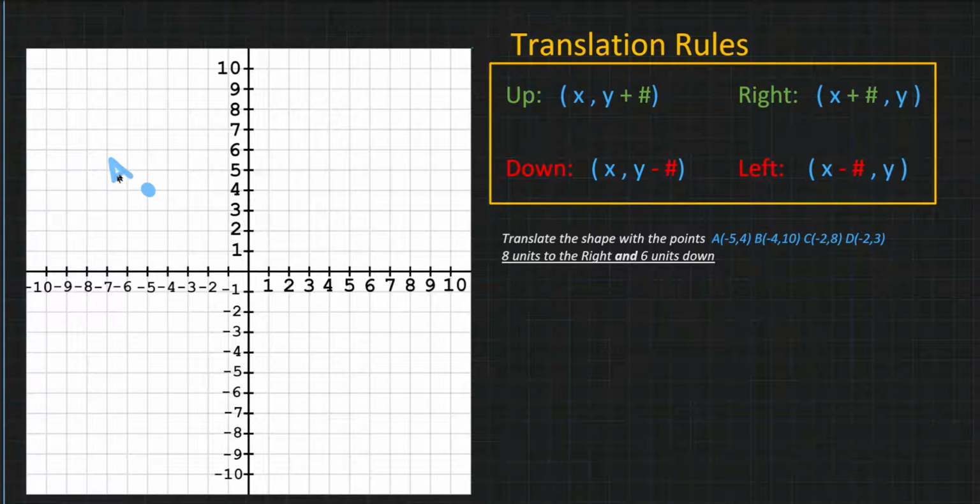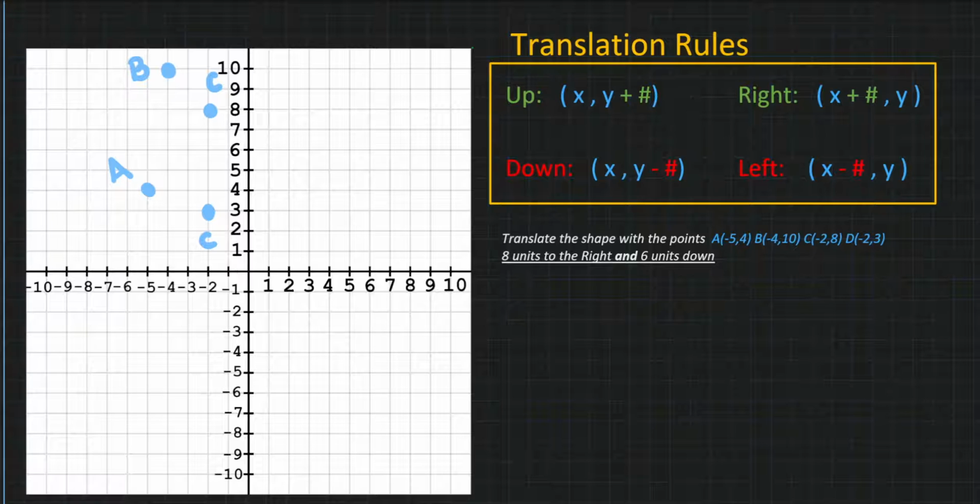That's our A point. B, negative 4, positive 10. Negative 4 up to positive 10. That's our B point. C, negative 2, positive 8. This is our C point. And D, negative 2, positive 3. Negative 2, positive 3 is right here.